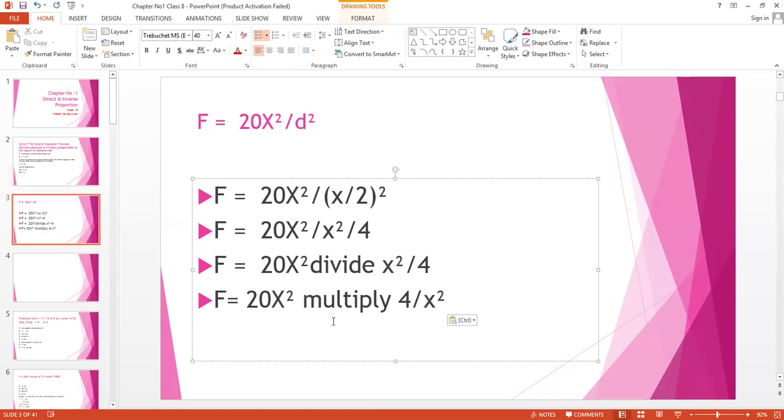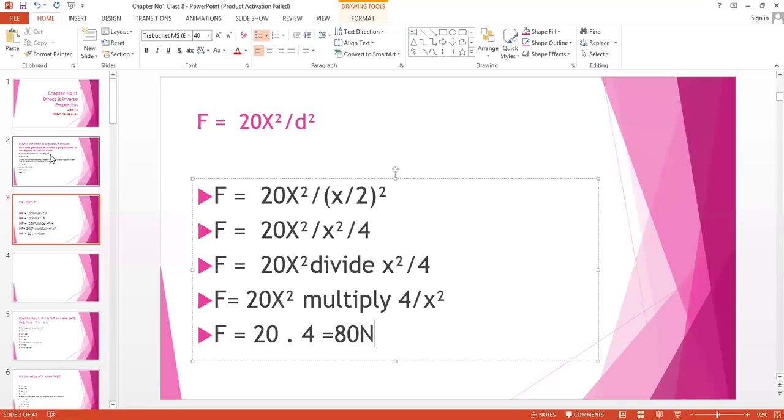So this one is 20x square multiplied by 4 by x square. Clear? So x square will divide with this x square. So 20 multiplied by 4 is equal to 80. So it is equal to 80 Newton. Is it clear? Now it is clear.